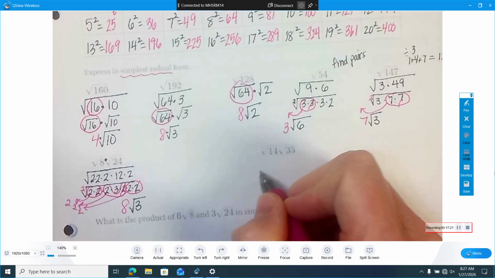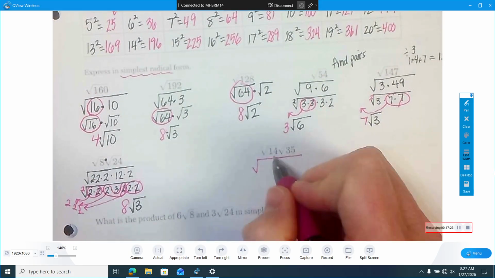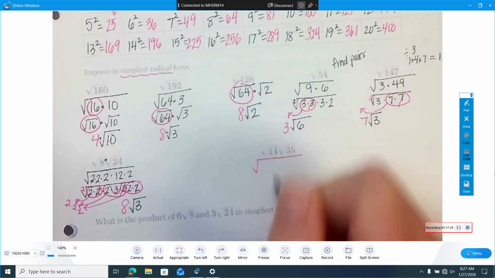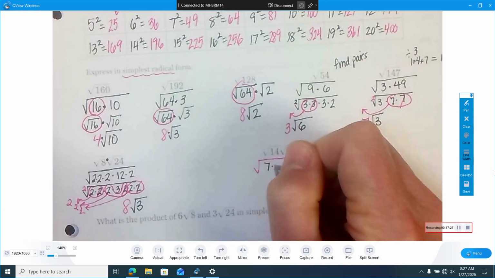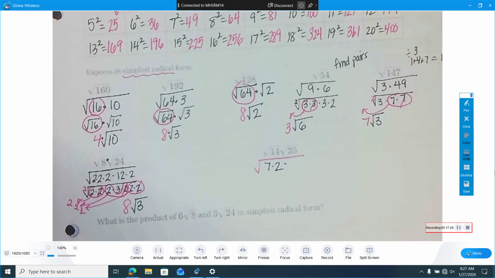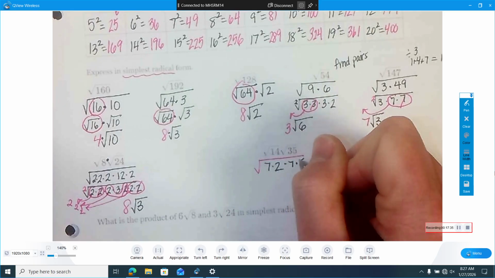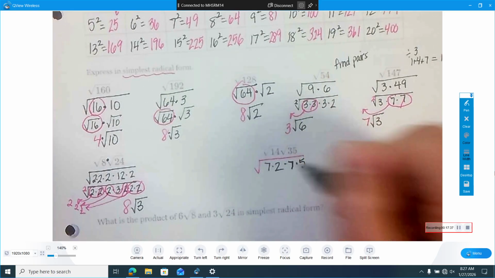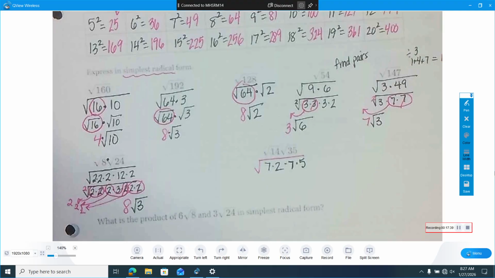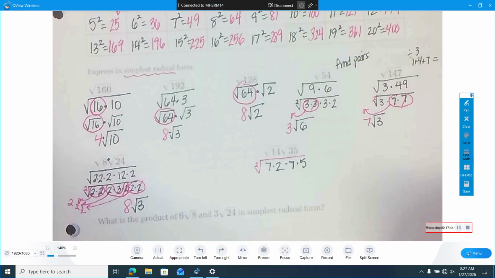Here we go. 14 and 35. Breaking those down. 14 is what times what? 7 times 2. And 35 breaks down into? 7 times 5. Yeah, all right. And hey, that's the prime factorization. It doesn't go any more than that, right? All right, do we have some pairs?